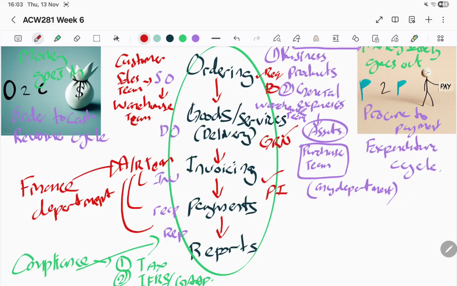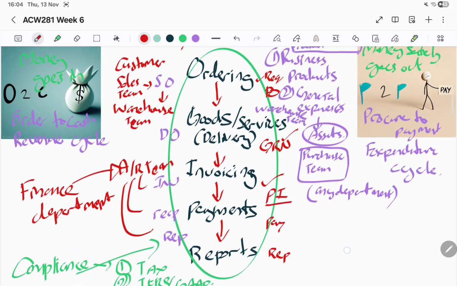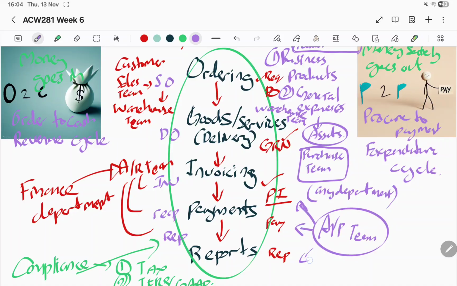Once you have a purchase invoice, you have to do the payment, right? So here the payment and then the report. All of this will be done mostly by the AP team. The AP team will be doing all of this over here.